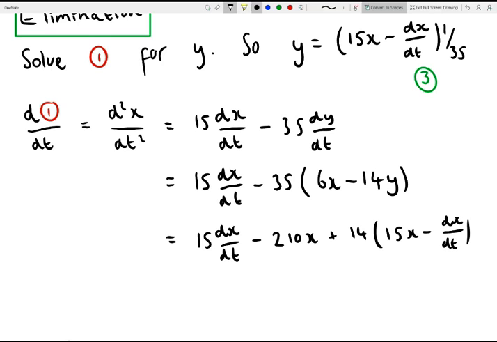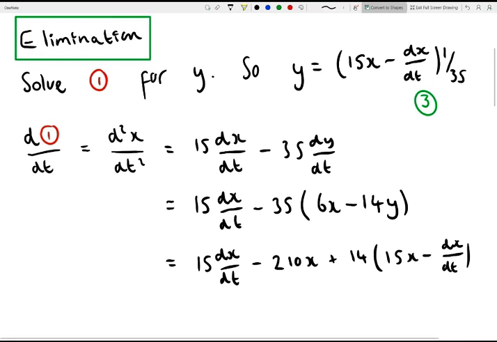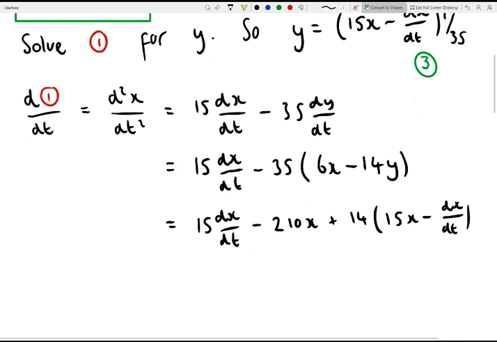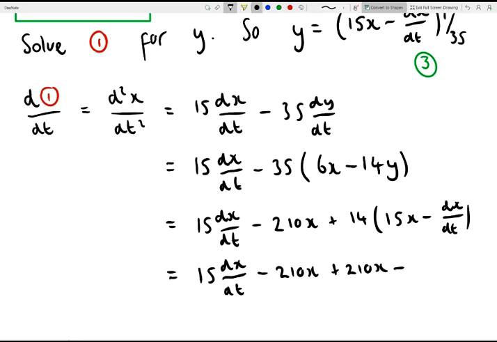That's replacing y with what we've got up here. Then multiplying this out further, we've still got 15 dx by dt minus 210x plus 210x, which is very convenient, minus 14 dx by dt.